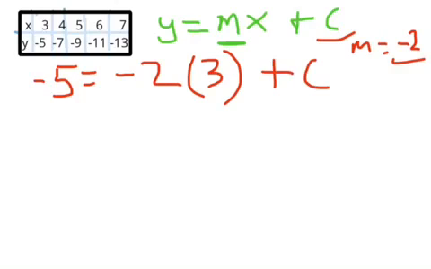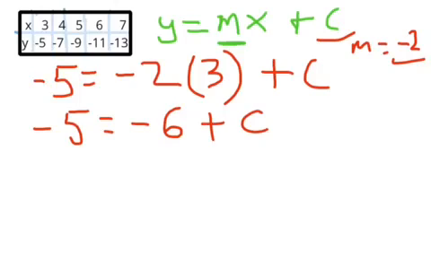Now we can just simplify this. -5 is equal to -2 times 3 is -6, plus c. So then if we add 6 to both sides to balance that equation, we'll have -5 plus 6 is 1 equals c. So our c value is equal to 1.